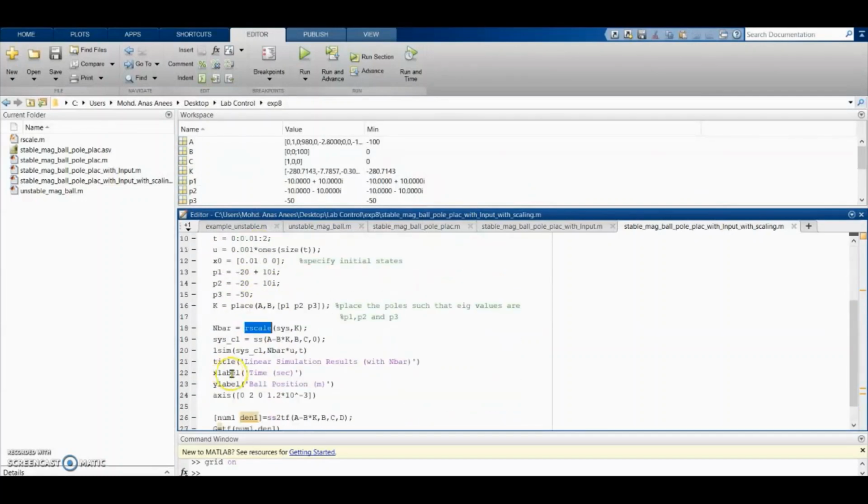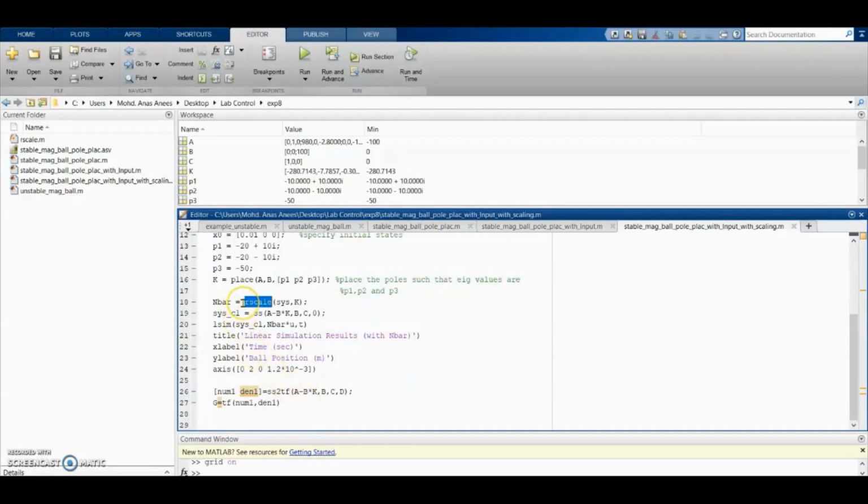Then we have placed the poles and everything, just that we have run a function known as rscale, and inside this we have provided our system sys and gain k, and the resultant n bar is the factor by which we should scale the system, and this factor we have used here in the input. So if you do so, then your output will come in the range 0 to 1. How it is coming, this is up to you. You have to find this out and write it in your report.